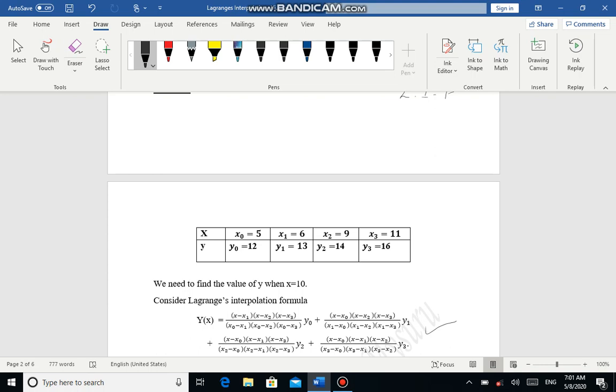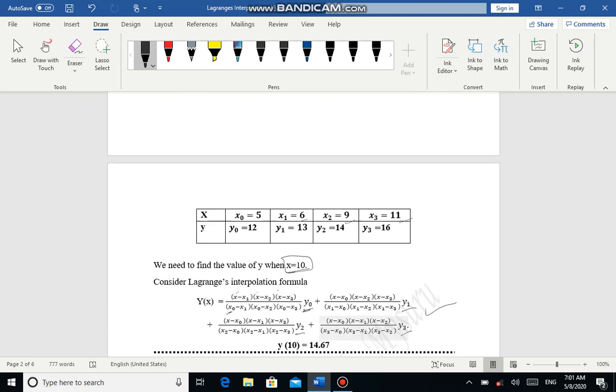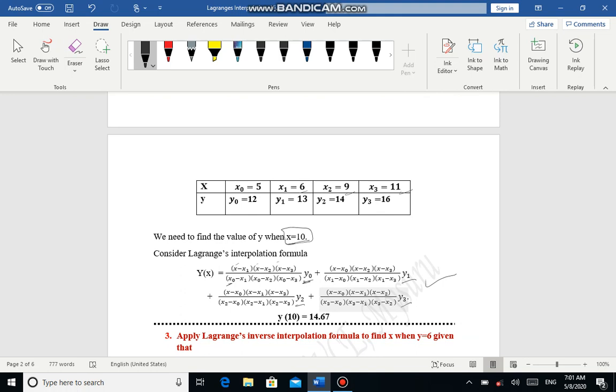So x is nothing but 10 because at this point we are finding the value of y. So x is 10, x1 is given 6, x2 is also given, x3 is also given, x0 is nothing but the initial value of x, y0 means the initial value of y. Similarly substitute in the second term, third term and the fourth term. We will get the value of y when x is equal to 10, that is 14.67. Here the procedure is just consider the formula and substitute the values.